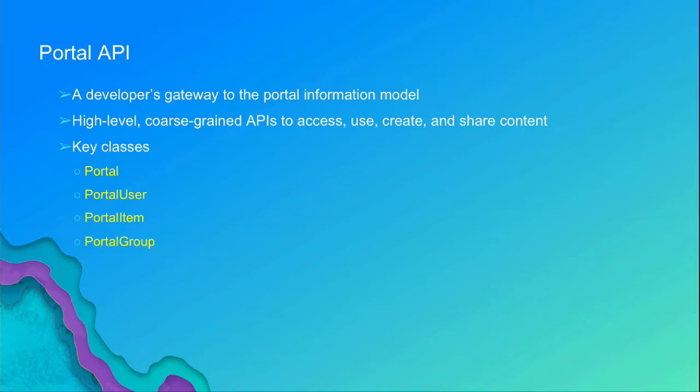To utilize these capabilities and access those contents, we provide the Portal API, which has a high-level, coarse-grained API to access, create, or share your content. The key classes for this Portal API include portal, portal user, portal item, and group.